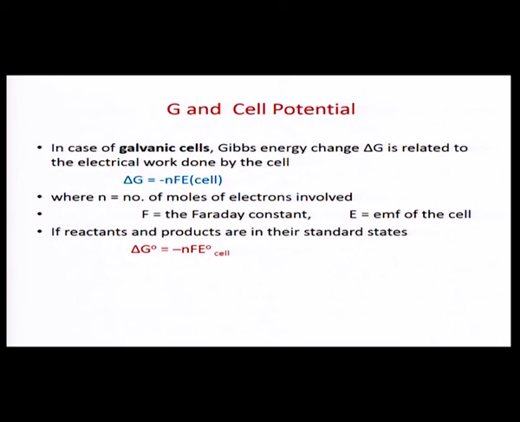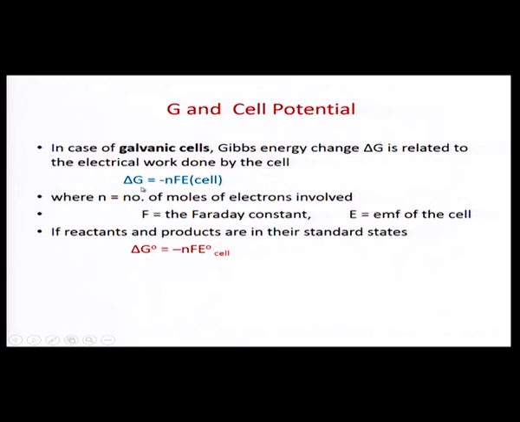The G value is also related to the electrochemical cell potential in galvanic reactions. In the case of a galvanic cell, the Gibbs free energy change, delta G, is related to the electrical work done by the cell, and is normally represented by this equation: delta G equals minus nFE, where n is the number of moles of electrons involved, F is Faraday's constant, and E is the electromotive force of the cell, that is, the cell potential.